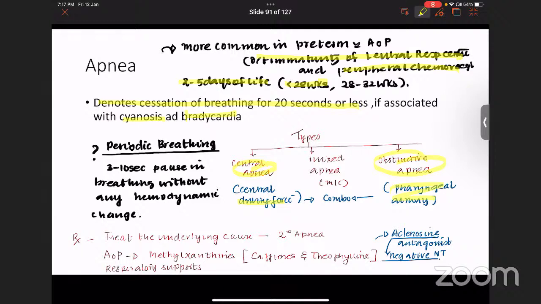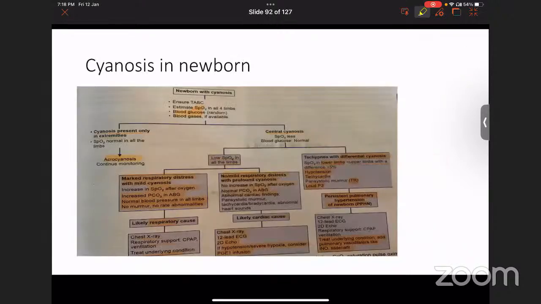So for apnea of prematurity, you always start with caffeine and theophylline, which are nothing but adenosine antagonists. And then also respiratory support. Some babies require CPAP and some babies also require mechanical ventilation. Mind you, in apnea of prematurity, the child requires respiratory support not because of pulmonary pathology.